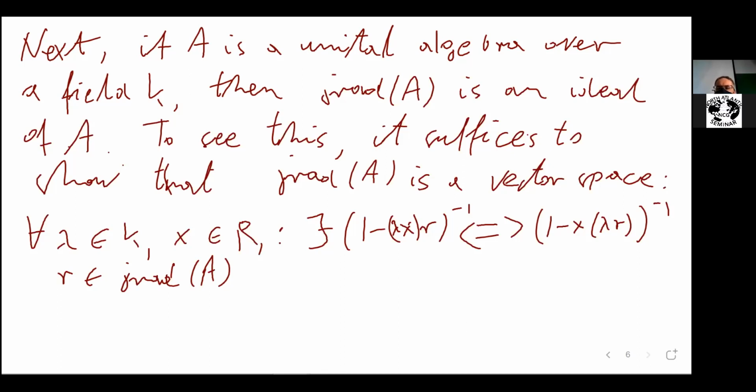But this by definition means that lambda R is in the Jacobson radical. Okay, so lambda R is in the Jacobson radical of A, as claimed.